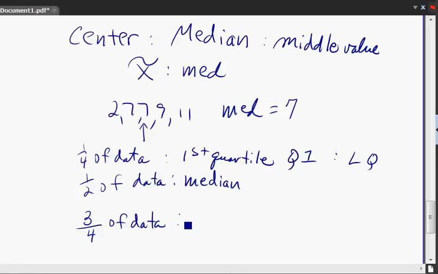And the mark where 3/4 of your data is lower than that number and 1/4 is higher than that number is the third quartile, because the median was the second quartile. In your calculator, it is called Q3, or in some books, it's called UQ for upper quartile.